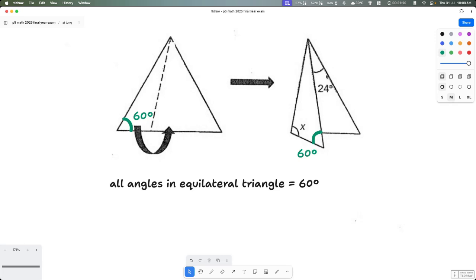Okay, so next, this is 24 degrees. We also know that this is 60 degrees. Then I'm just going to copy and paste this and put it into a different color. So when you fold things like this, essentially this angle is also equal to this angle, right?